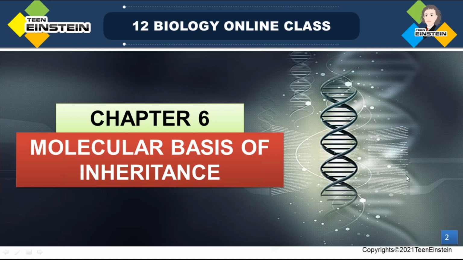UAA, UAG, and UGA. Which are the stop codons? UAA, UAG, and UGA. Whenever these combinations of bases come, they don't code for any kind of amino acid, and these three triplet codons are called stop codons because they won't code for any amino acid.